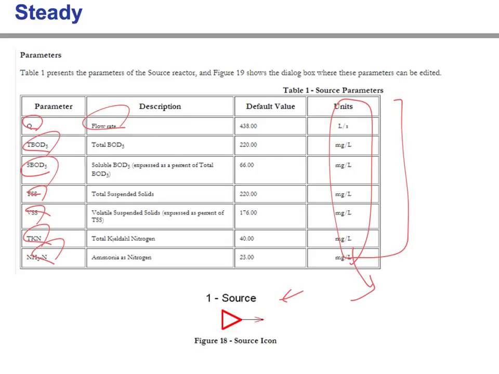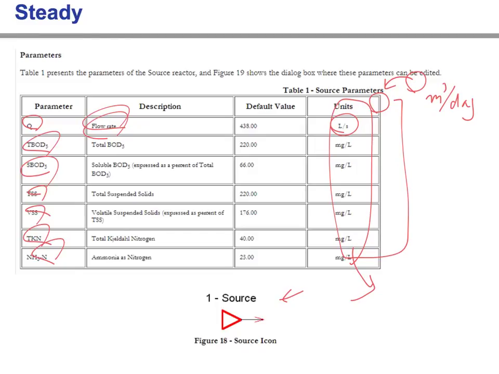So if you want to change the unit, you have to manually calculate the flow rate. For instance, if you only have the flow rate in cubic meters per day, you have to convert it to the unit required here.